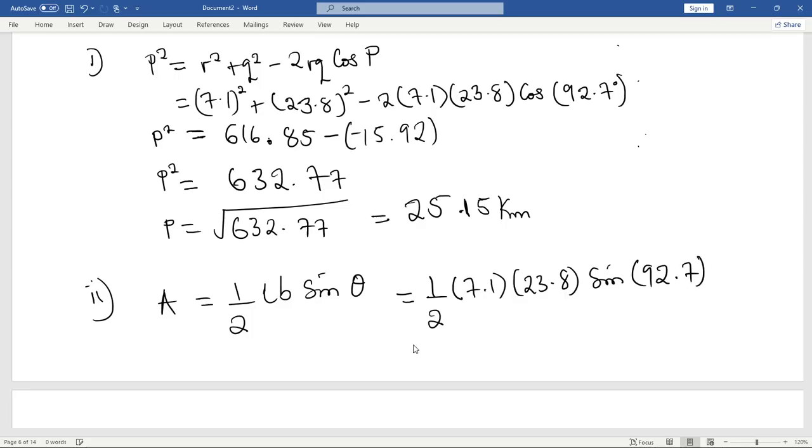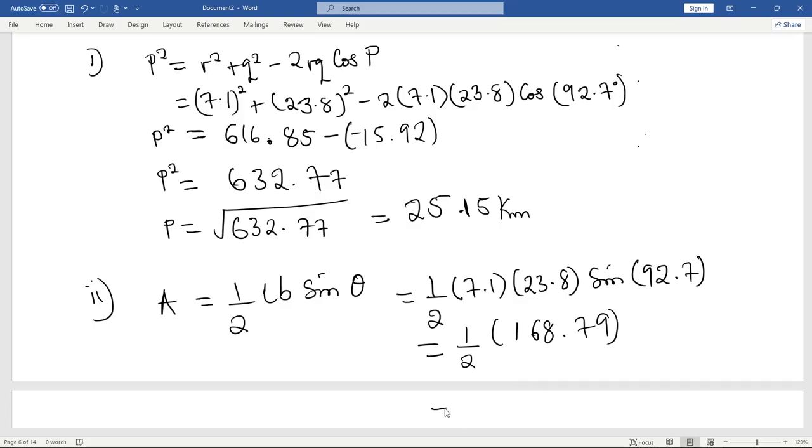You can just go ahead and punch everything at once on the calculator. 7.1 times 23.8 sine 92.7, then we have 1 over 2 multiplied by 168.79.